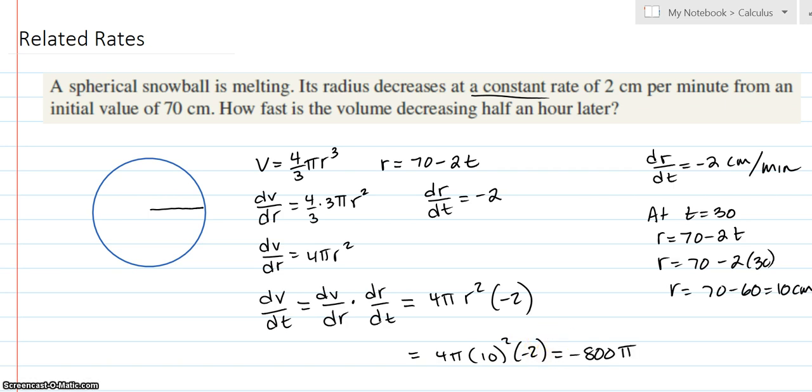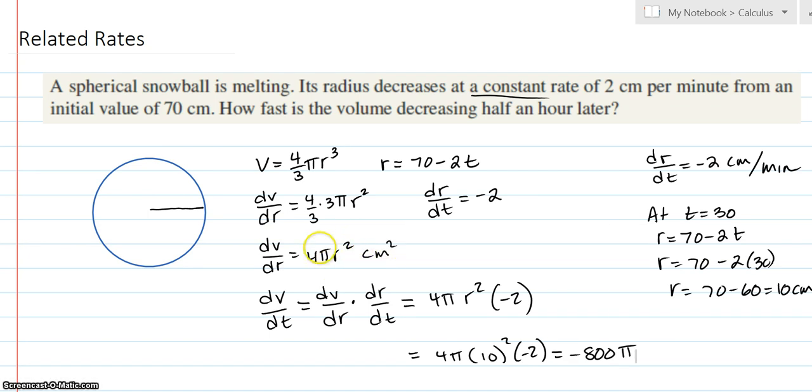or negative 800 pi. The units are going to work out to be, if you think about it, volume was in centimeters cubed, so this one would be centimeters cubed divided by centimeters. It would be a centimeter squared, wouldn't it?